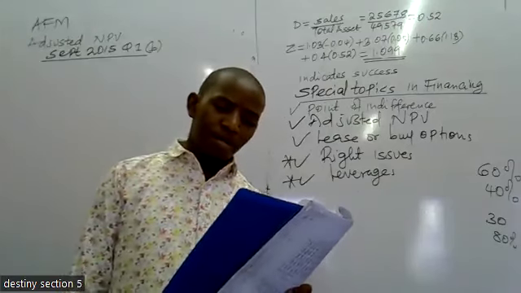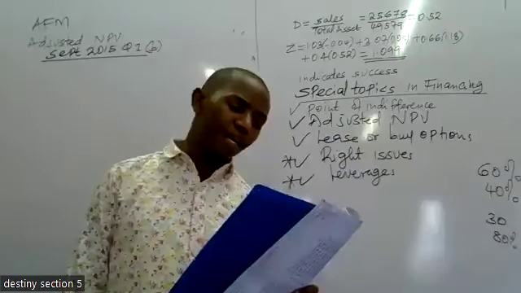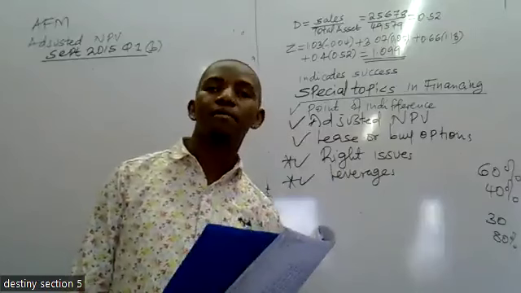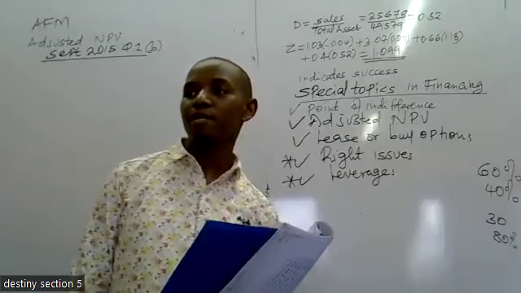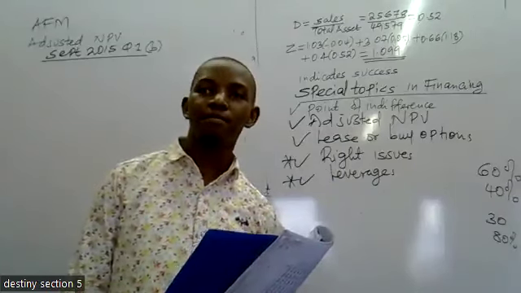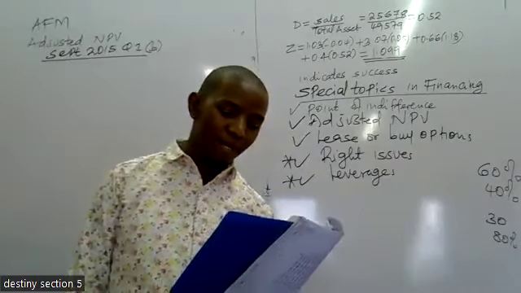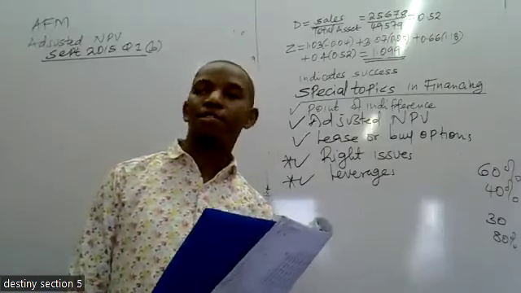Now, shillings 6 million of the investment would be financed by internal funds. Internal sources of finance, those are what? Retained earnings. 10 million by rights issue.